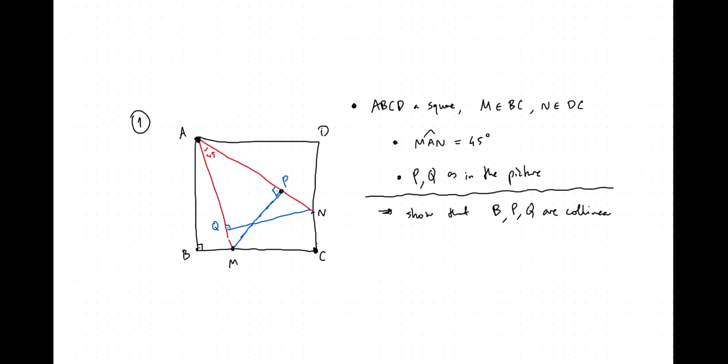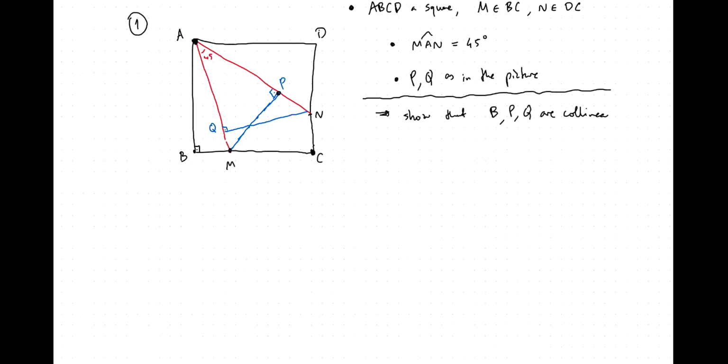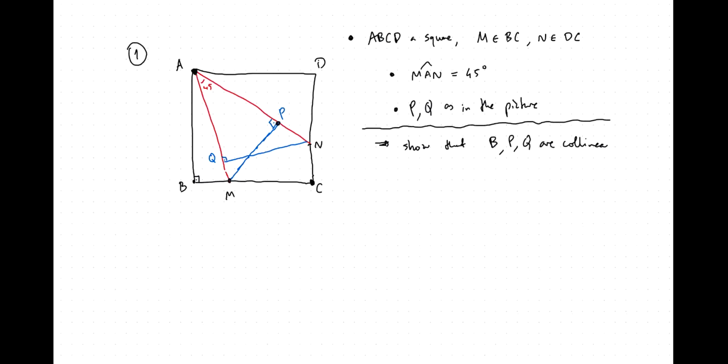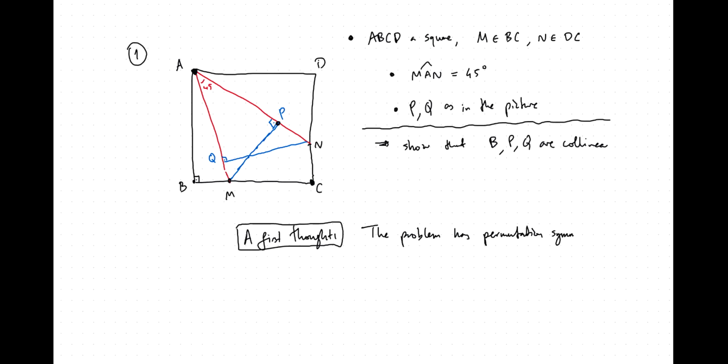All right. So I want to write a first thought. The problem has permutation symmetry. Such things are called permutation symmetries.